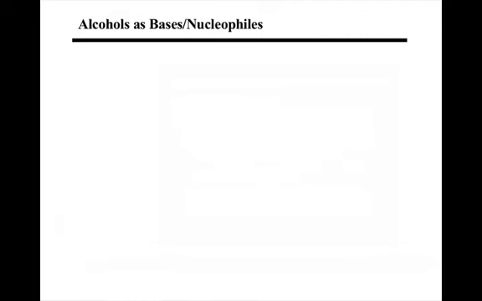What is on that oxygen atom besides a hydrogen and a carbon? Lone pairs, right? And all bases are electron pair donors, and all nucleophiles are also bases, right? Or electron pair donors, that's exactly right. So we're going to talk a little bit about that.